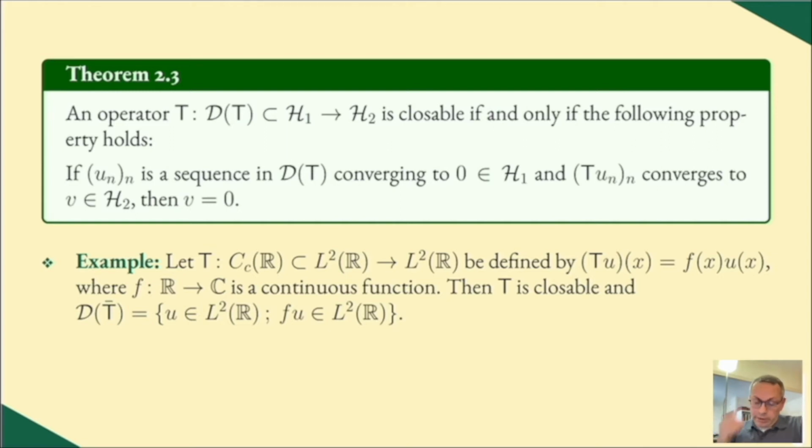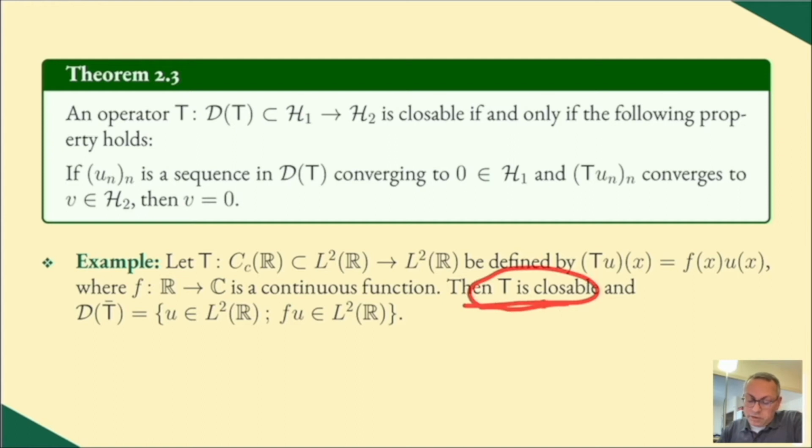For example, let's consider this case. Again, the multiplication operator, defined on continuous functions with compact support in L2 of R. Then it's not difficult to show that T is closable.